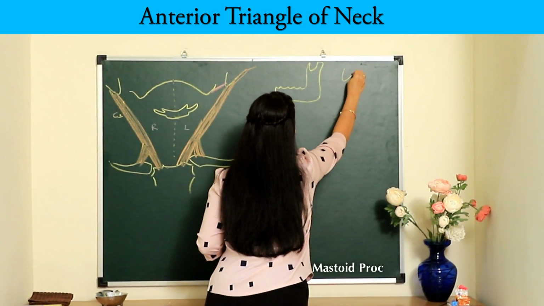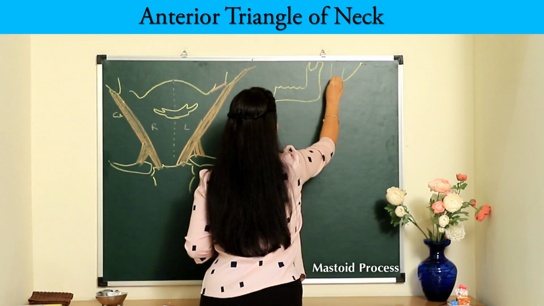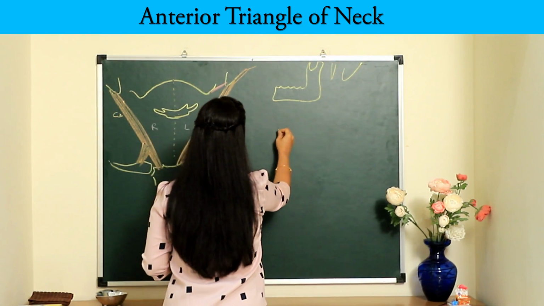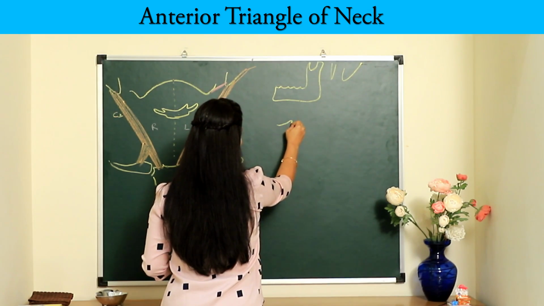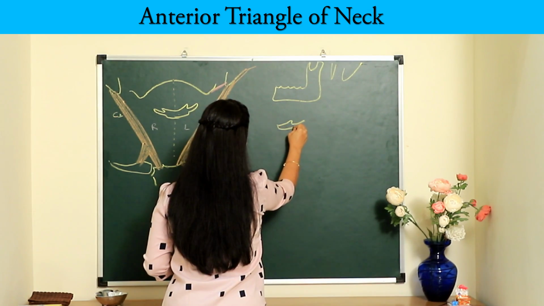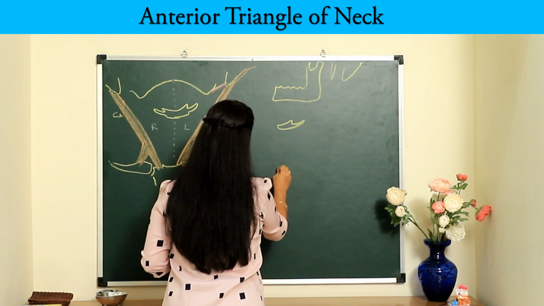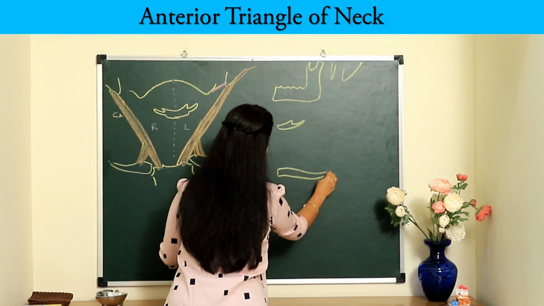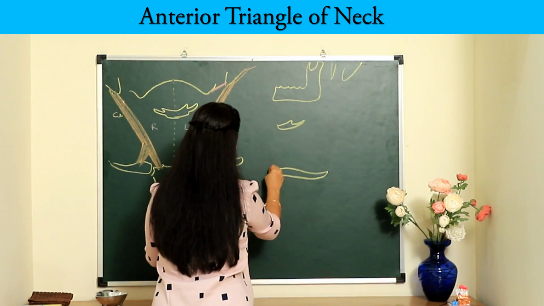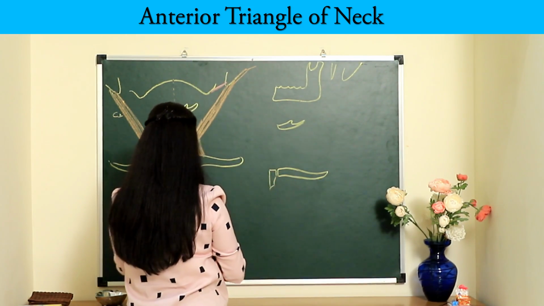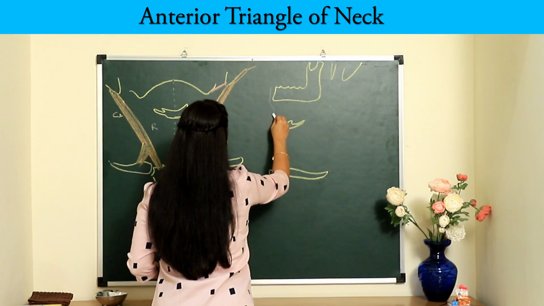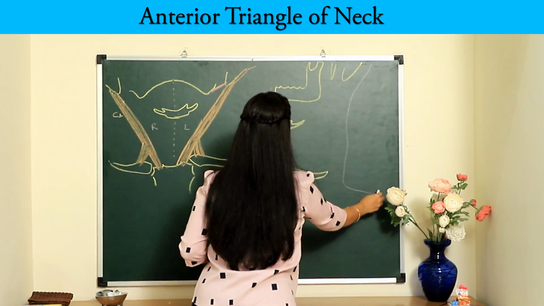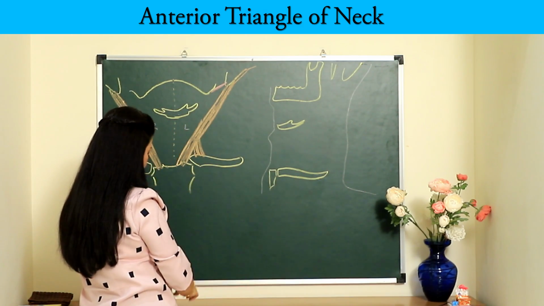Somewhere here is this mastoid process, and in between lies this styloid process. All right, here is the hyoid bone. This is the clavicle and part of the sternum that we can see here, right? So this is the side view of the neck.